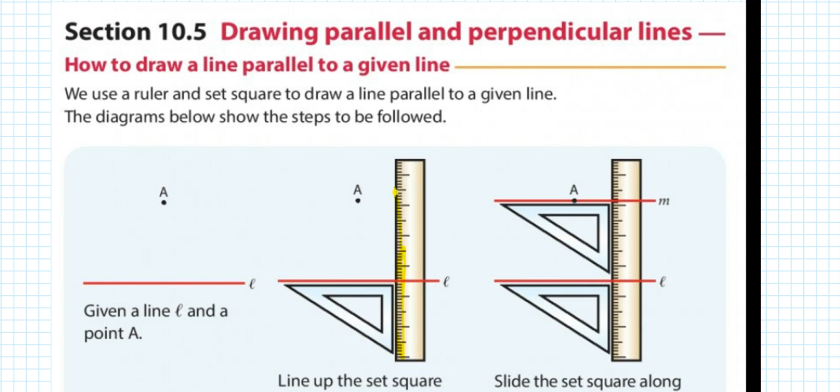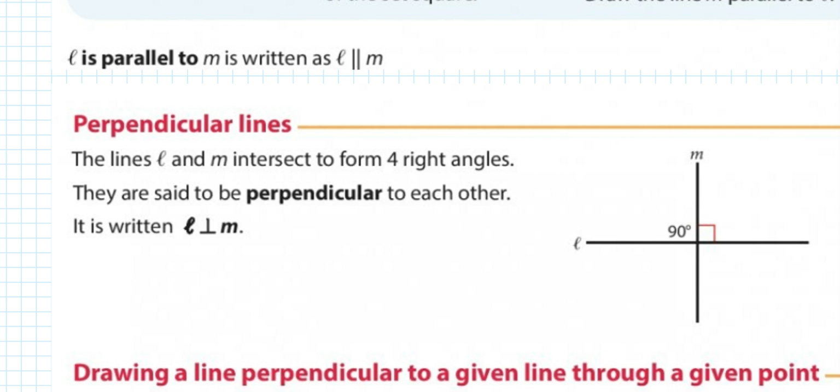Then you put your ruler perpendicular to it and then slide your set square. So move it slowly from this position. You slide it along until it's containing the point A, and you draw in your parallel line then through the point A.